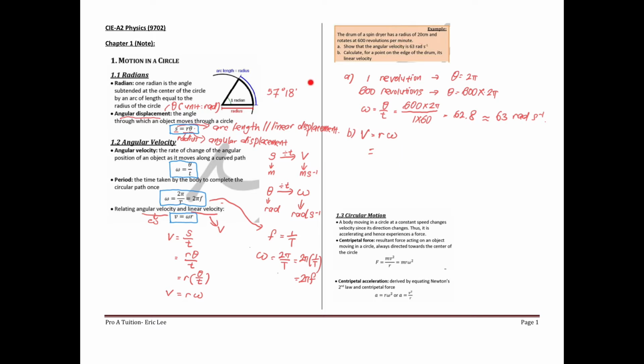So 20 cm in SI unit is 0.2 meter. Multiply with the angular velocity, which is 62.8, and hence you will get 12.6. And don't forget that for linear velocity, the unit is meter per second.